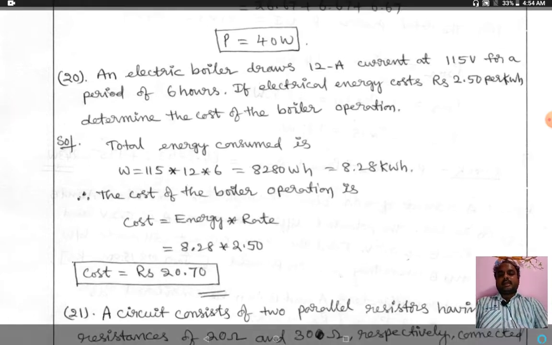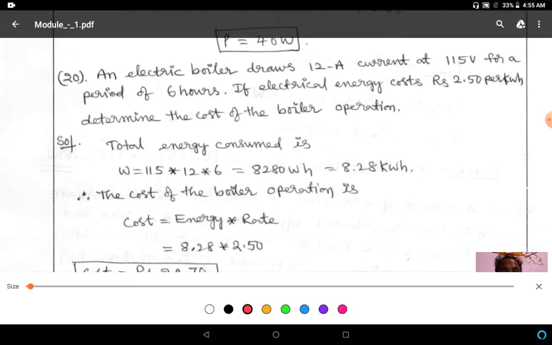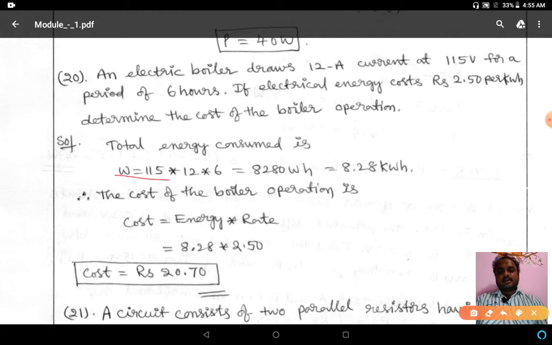Total energy consumed W is equal to voltage 115 volts into current 12 amperes, and how many hours we are consuming, 6 hours. By multiplying all three values, we get 8280 watt hours. Since we multiply by hours, we get watt hours.